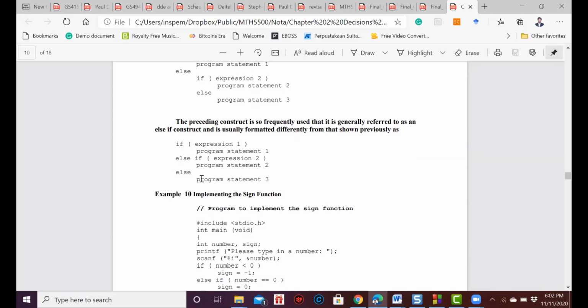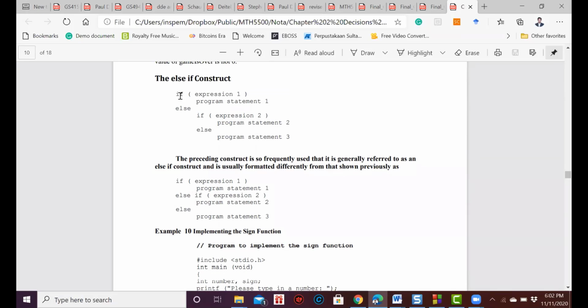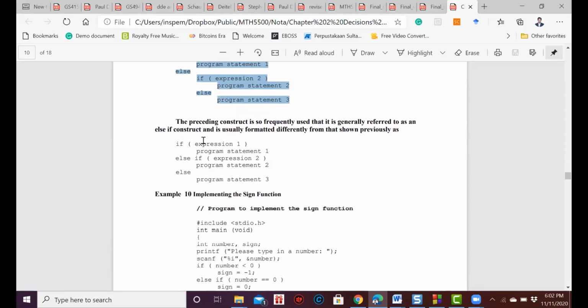Okay, I think Ahlam just now asked about the difference between else if and nested. This one is nested, and this one is if else if. The logic is the same, meaning the output will be the same, but the structure is different.